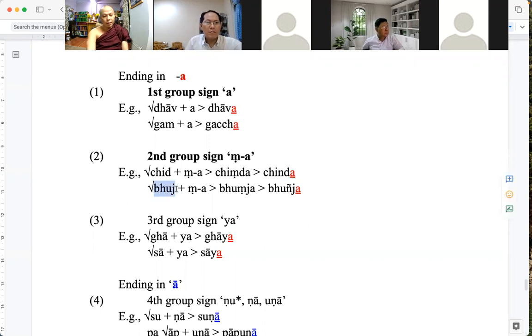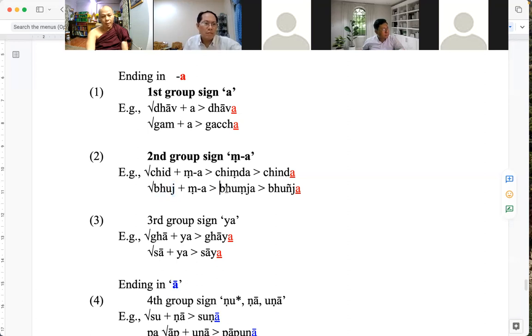So next example, root bhuj. Root bhuj means to enjoy or to eat, to eat a meal. So the sign is R and the nasal is inserted before the last consonant of the root.